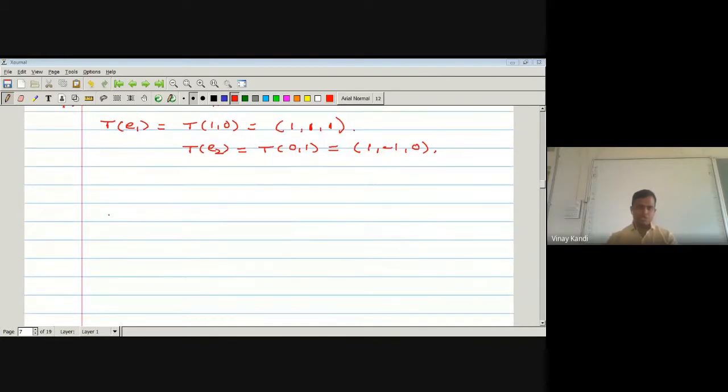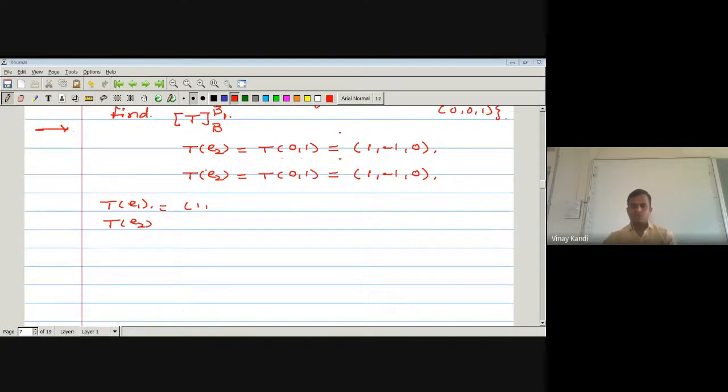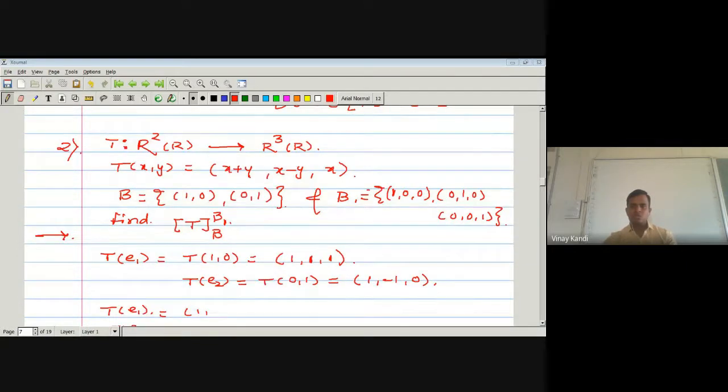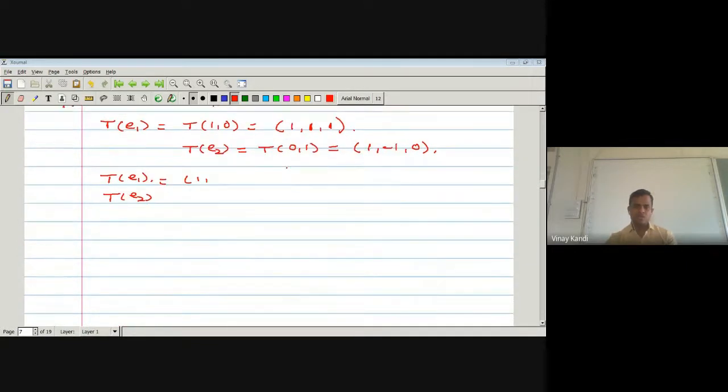Now write down this T of e1 and T of e2 in the form of a linear combination of this basis, (1, 0, 0), (0, 1, 0), (0, 0, 1). So T of e1 is (1, 1, 1).